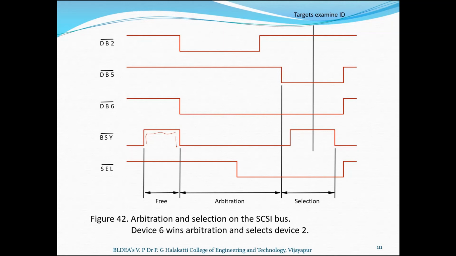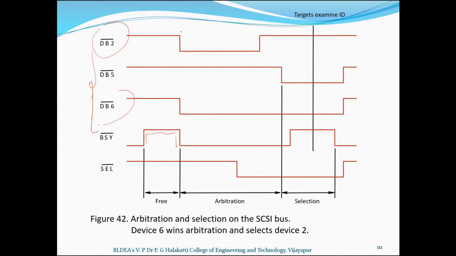So the bus signal is inactive when it is in the high state. A controller requests the bus by asserting the bus busy signal and by asserting its associated data line to identify itself. The SCSI bus uses a distributed arbitration scheme for bus arbitration, and here you can see controllers 2 and 6 request the use of the bus simultaneously.